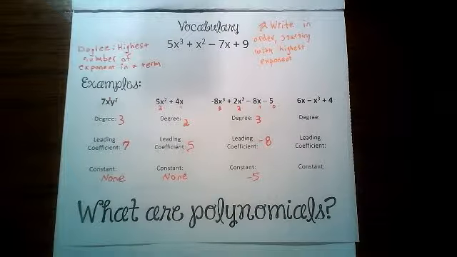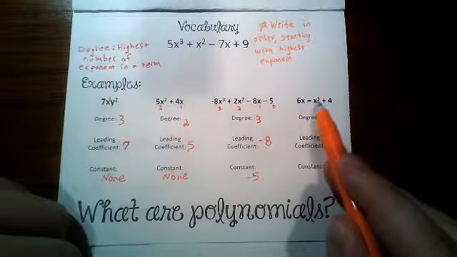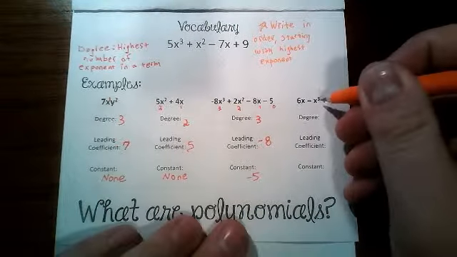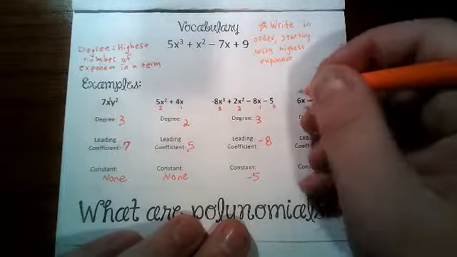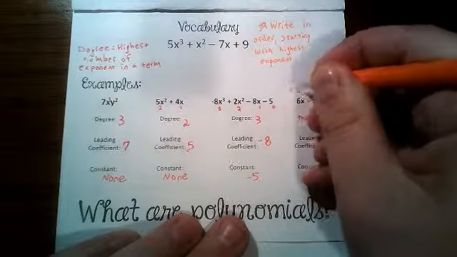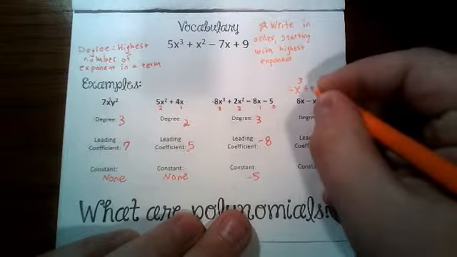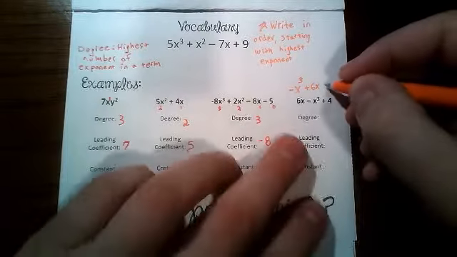So if I start with 6x minus x cubed plus 4, that's not in greatest to least form. So I have to start moving stuff around. To do that, I figure out which one has the most exponents. It's this one here. It's negative x to the third is going to go first. Then positive 6x. And then positive 4.